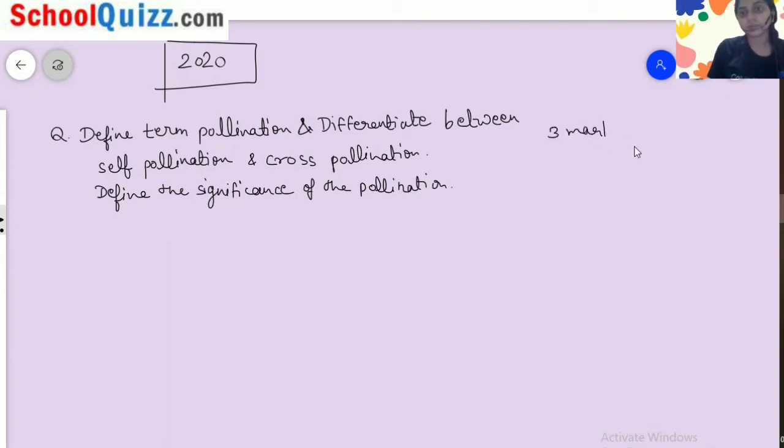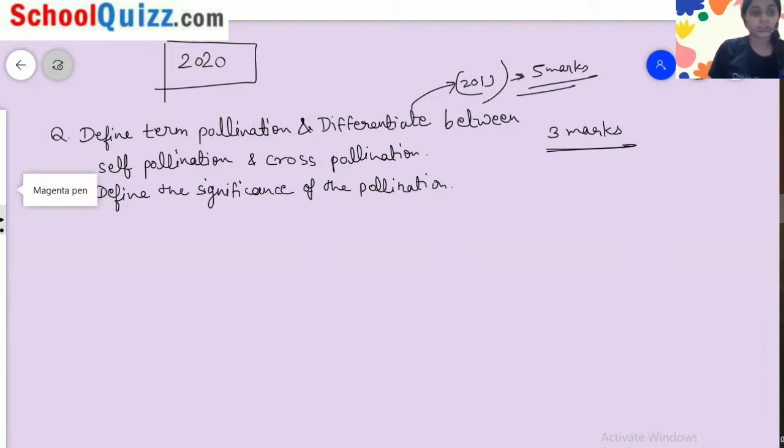The same question, differentiate between self pollination and cross pollination, also came in the 2019 exam, where it was for 5 marks. So we will see how we can solve it.